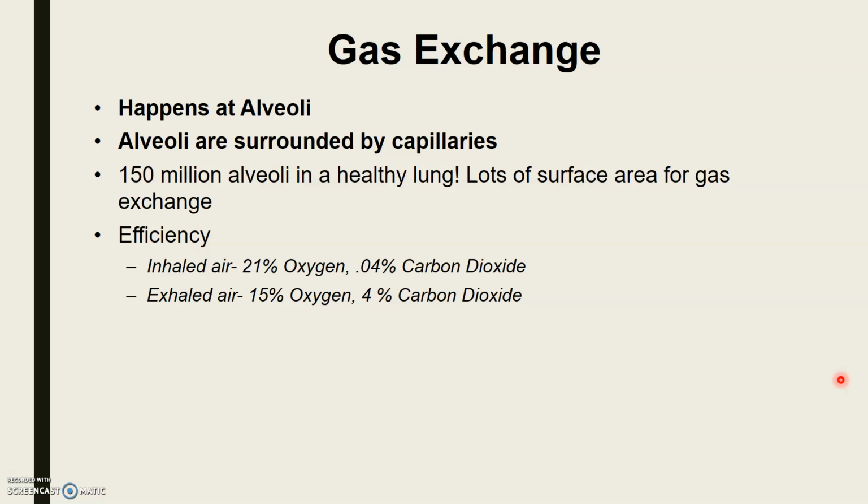These alveoli are surrounded by capillaries, which is a very important vessel in our circulatory system, if we remember. There are over 150 million of these tiny alveoli in a healthy lung, so we have a ton of these things. We have so many, which gives lots of surface area for gas exchange to occur because oxygen is so important to us.